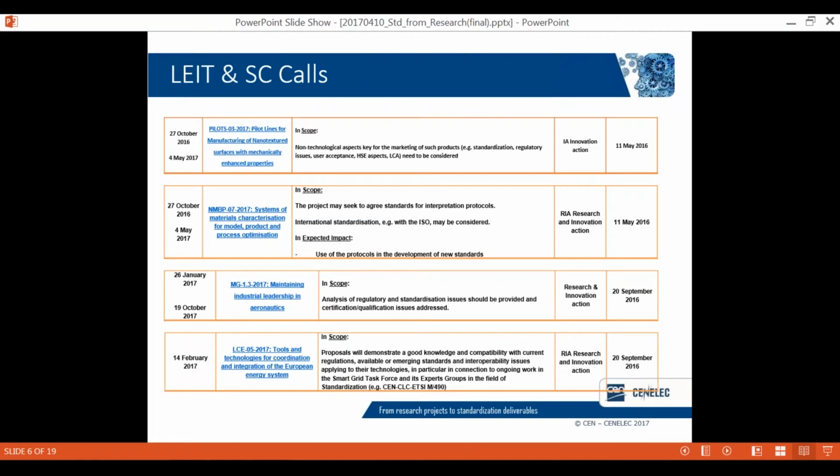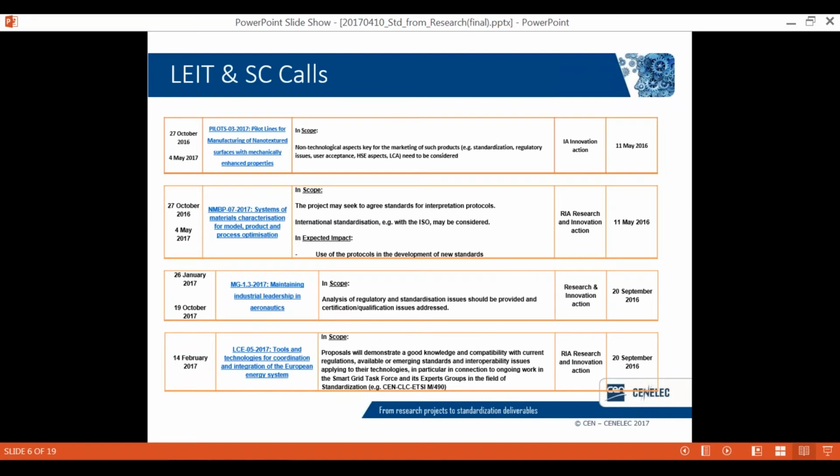Again, quite vague, so our role and the role of STAIR, our working group under the BT, is really to guide and explain and try to make sure that researchers have the correct information about standardization and address the correct scenarios in their proposals to transfer results to our work program.